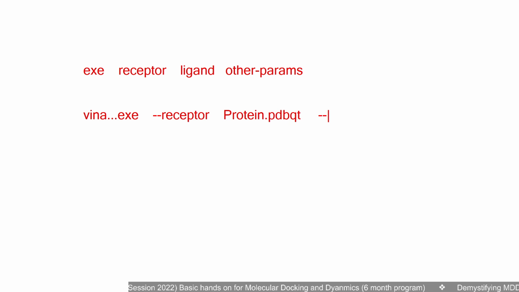Sir, sorry to interrupt, but what is this you are writing? Can you please explain? I am telling you that currently you executed this .exe file, right? And you are seeing options like something is running. Now I need to tell Vina that it requires a receptor and one ligand to dock, right?